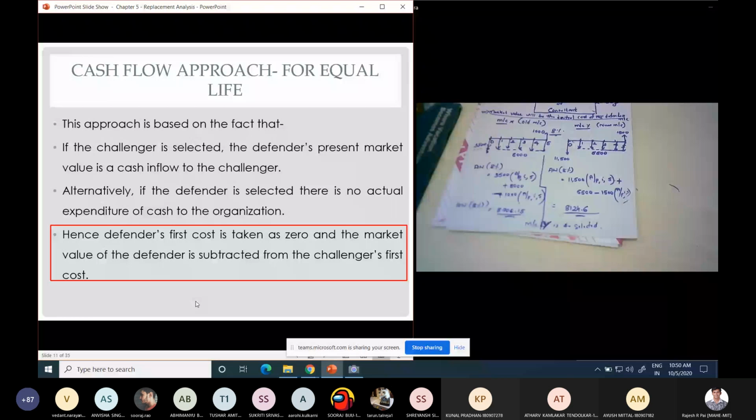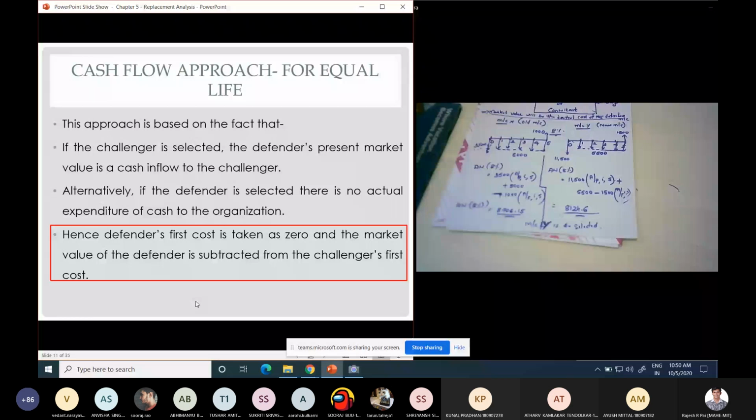So in the cash flow approach, you will be considering these two conditions. One is if the company decides to replace the machine, then the salesman will give you 3,500, and using that 3,500 I will purchase the newer machine. So at that time 3,500 will be the cash inflow and 11,500 will be the cash outflow for the newer machine.